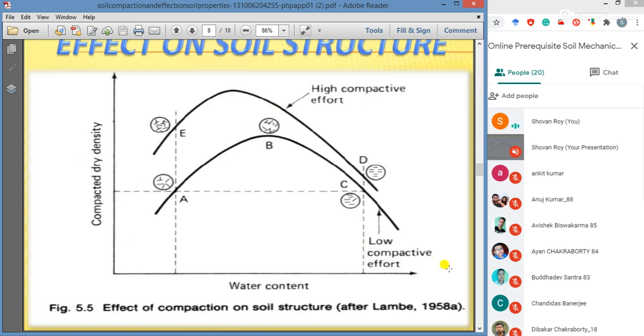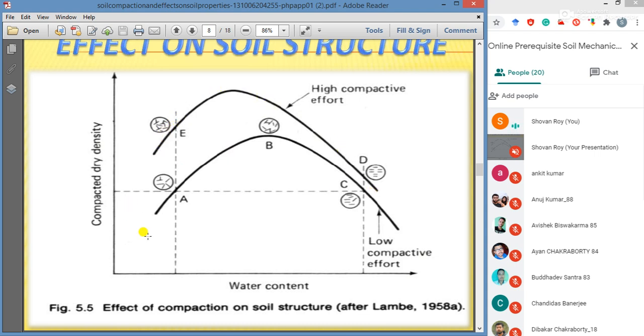We gave a low compactive effort, and the curve shows like this under some water content. When we put higher compacting energy, the curve shows like that.